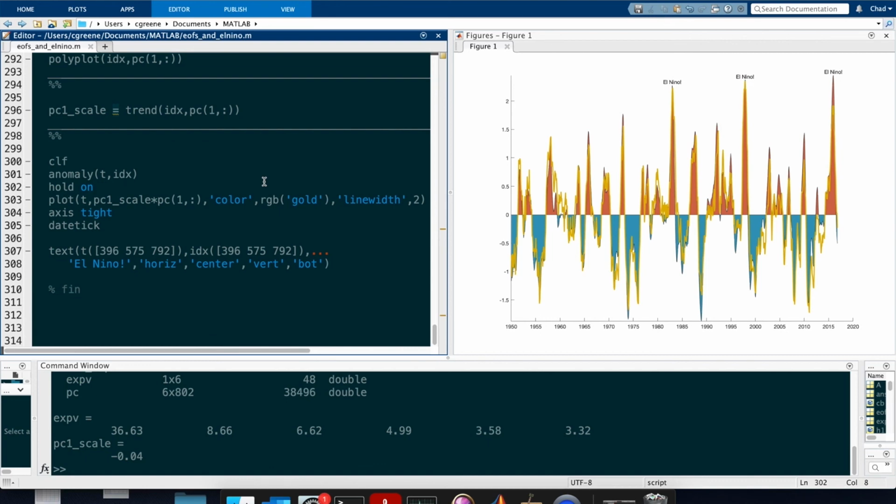EOFs are probably the more proper way to do it, because that's actually looking at the grand spatial pattern, and the Niño 3.4 box is really just a convenient shorthand. Nonetheless, they're pretty similar, and they're going to tell you about the same thing, and if you interpret the differences between them too much, you might just be interpreting noise.